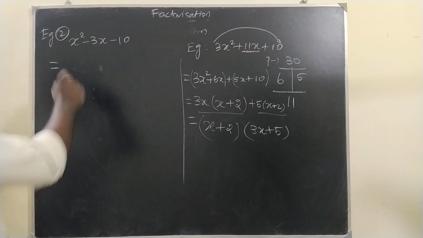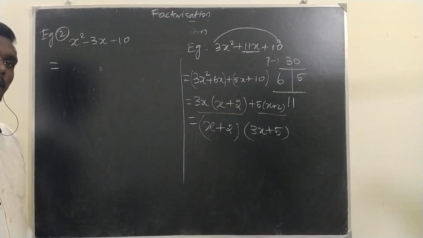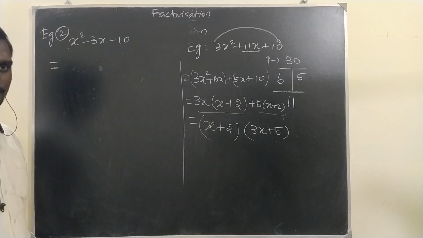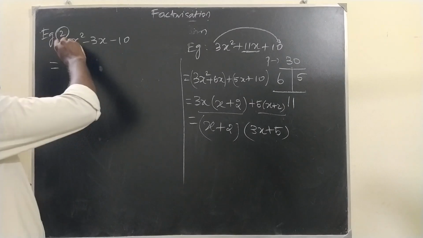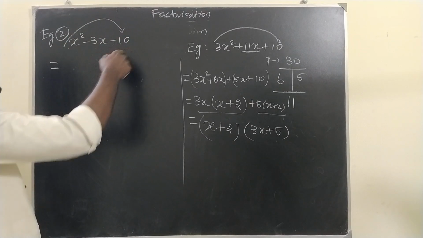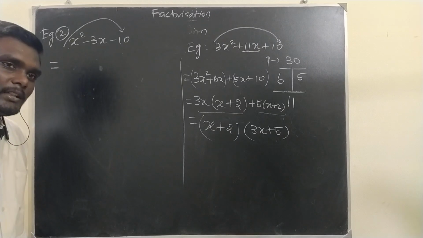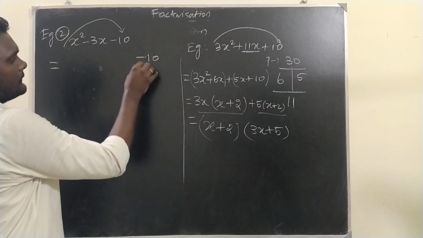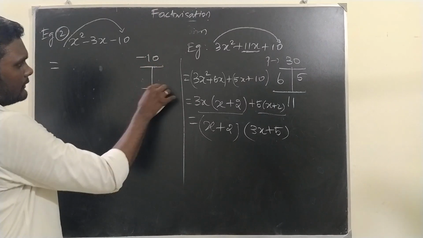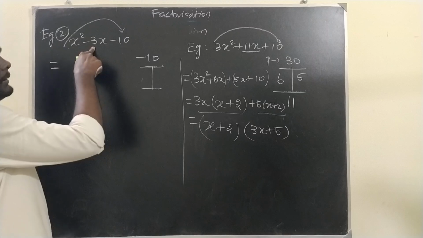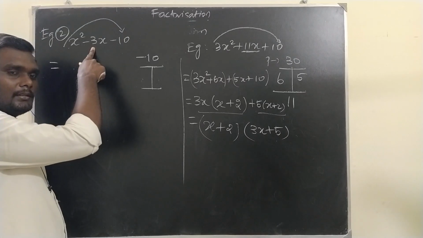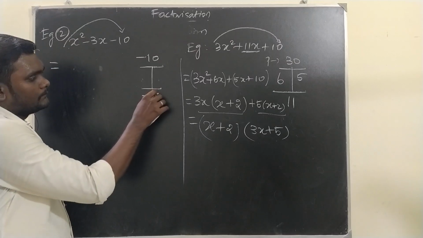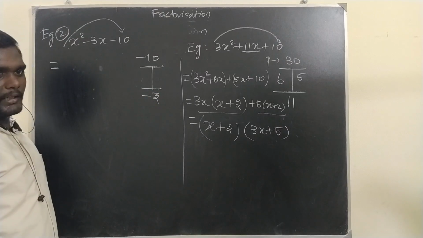See, first number is what? 1. When nothing is there, it means 1 is there. So 1 into −10, how much? −10. Product. I 1, and then sum. Sum should be what? The middle number. This number is what? −3. The number alone you should take.